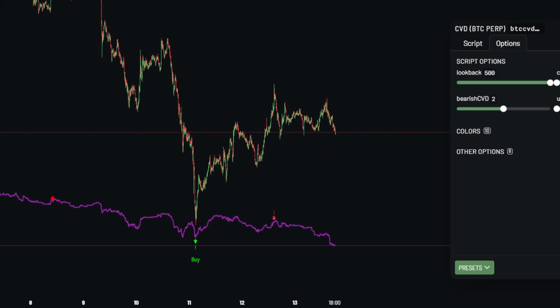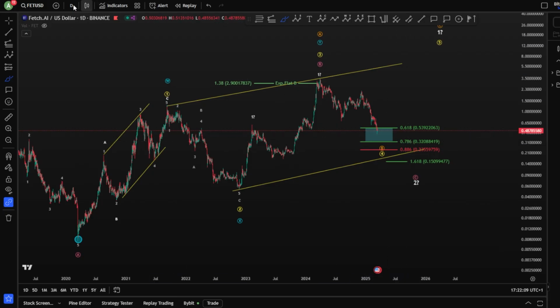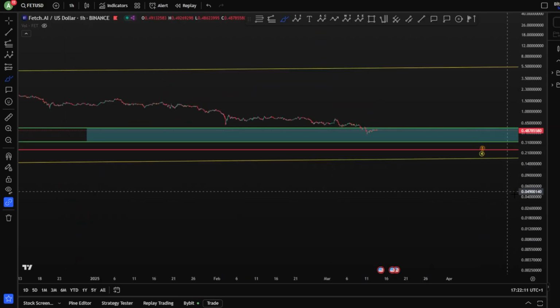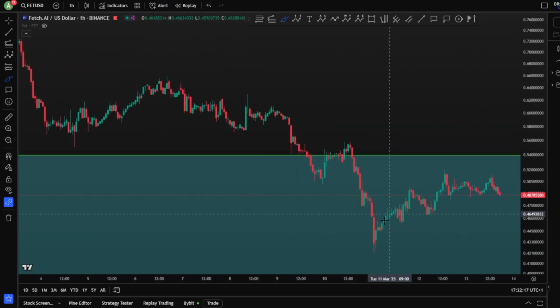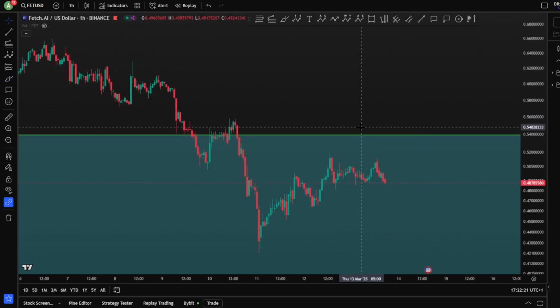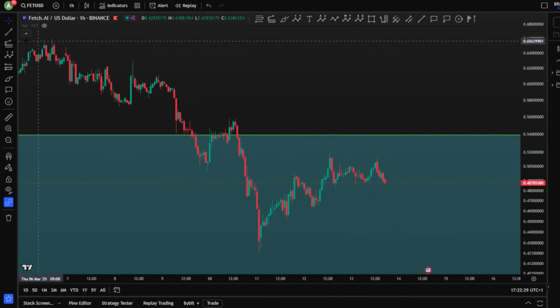But what is the scenario? I didn't see it as Elliott wave, so I prefer just to check it again, guys. Do we have any impulsive waves here? Okay, interesting. 1, 2, 3, 4, and a 5. Truncated wave 5. Okay, we have to watch, guys.